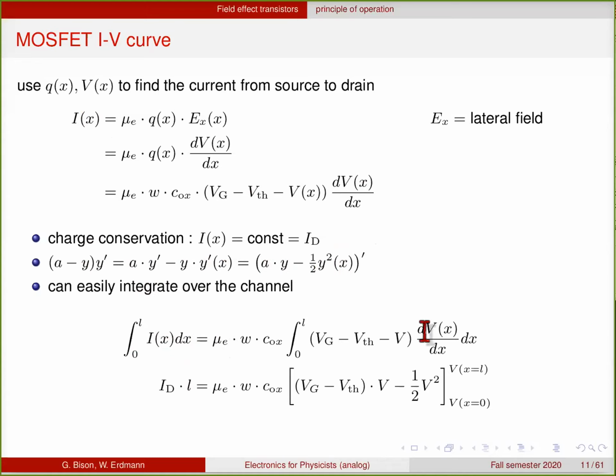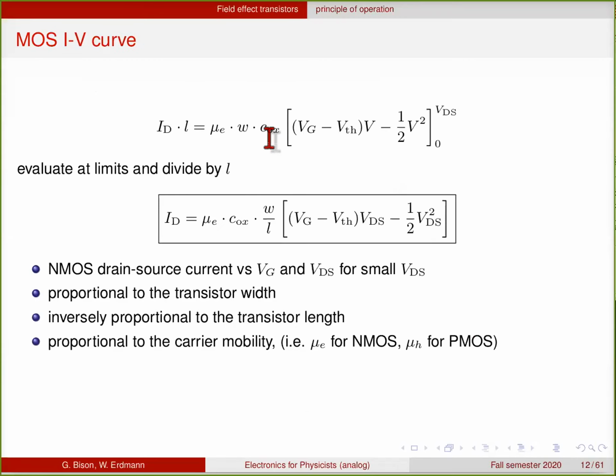Since we know that this is the derivative of this expression, we can simply write drain current times L is this expression here, which we evaluate for the voltage at the source and the voltage at the drain. And we take the source voltage to be 0 in this case. This is done here.